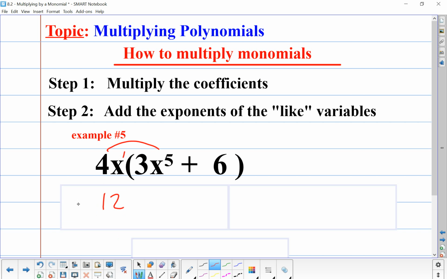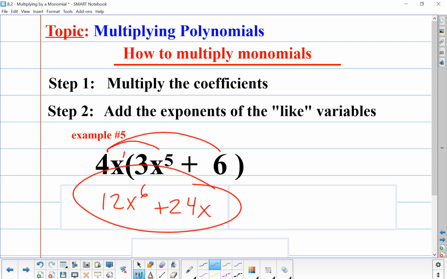So 4 times 3 is 12, and 1x plus 5x's makes 6x's. And then 4 times 6 is positive 24, and this x doesn't have any to combine with, so it remains a single x. And you stop here. You cannot combine these terms together because they do not have the same powers.